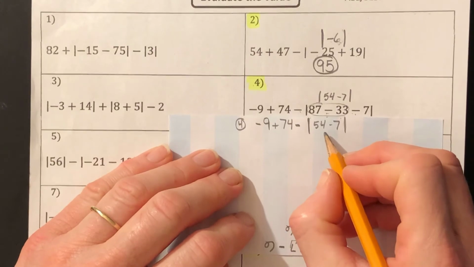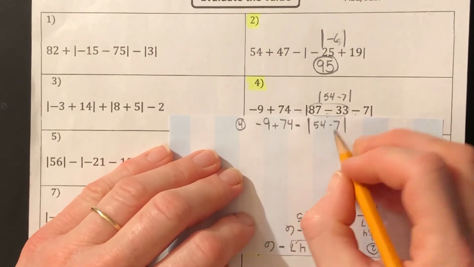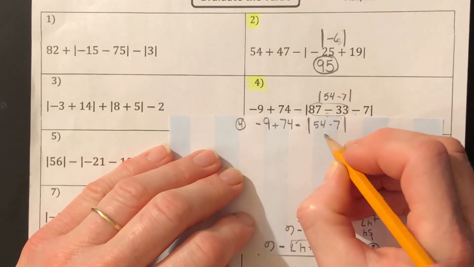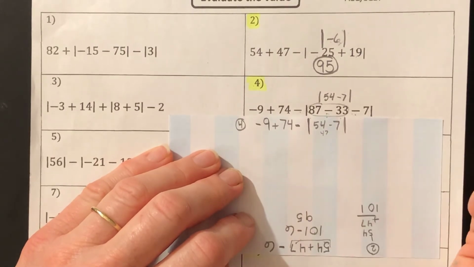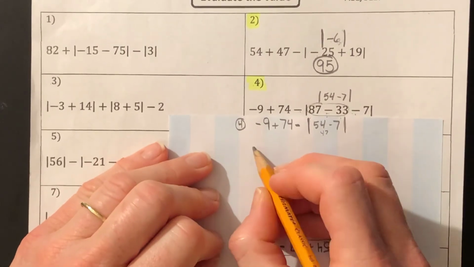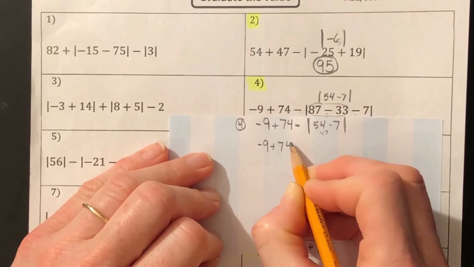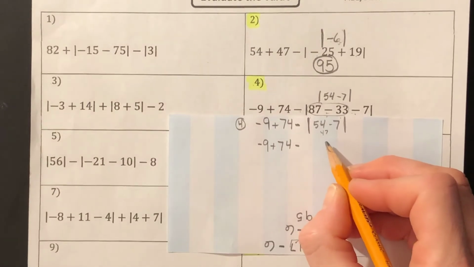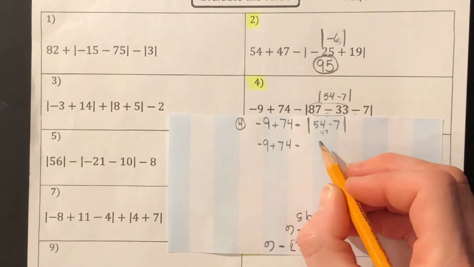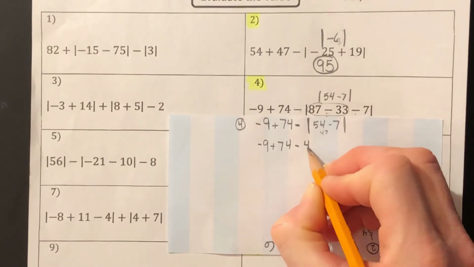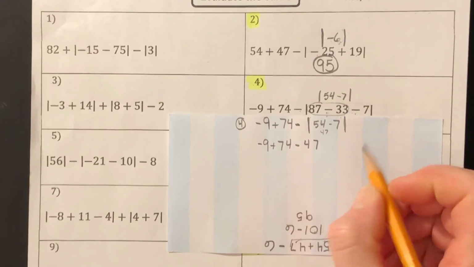Now, 54 minus 7 is 47. I'm going to write that really small. So let me write what I've got now. Negative 9 plus 74 minus, well, the absolute value of 47 is 47. I'll go left to right.